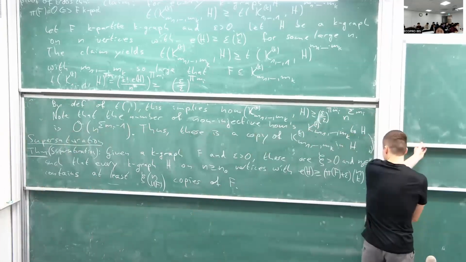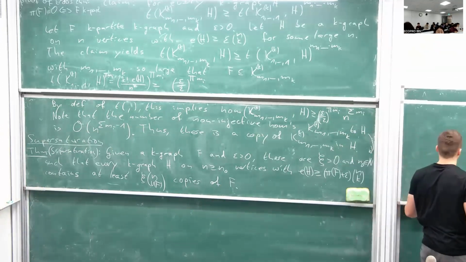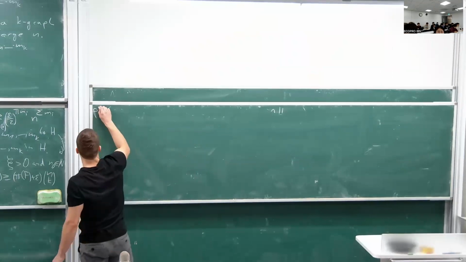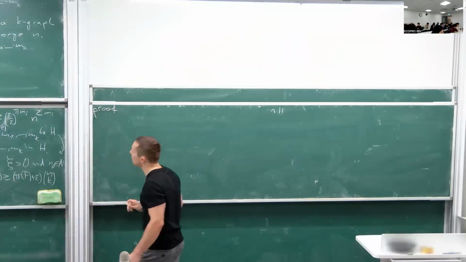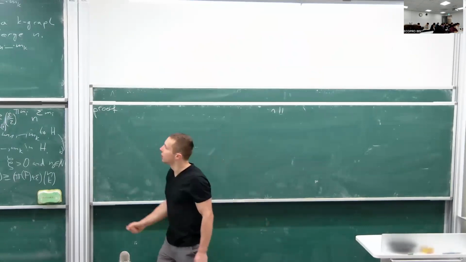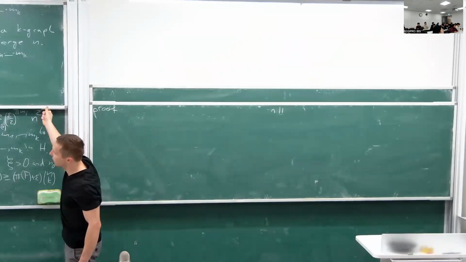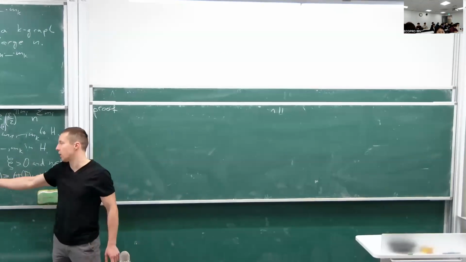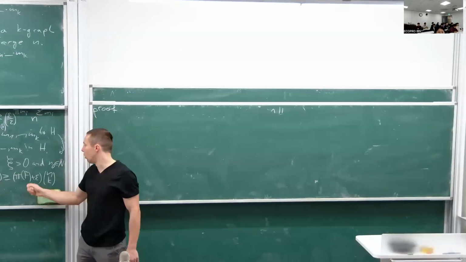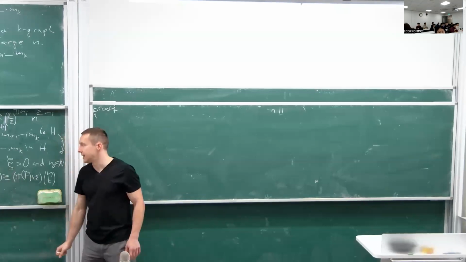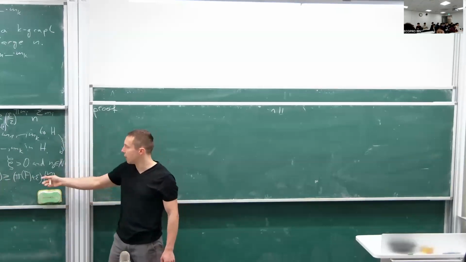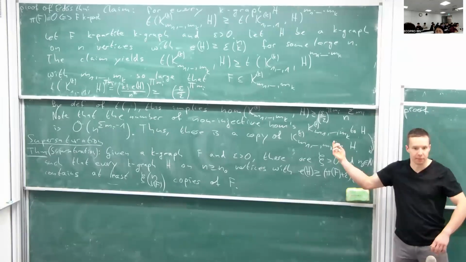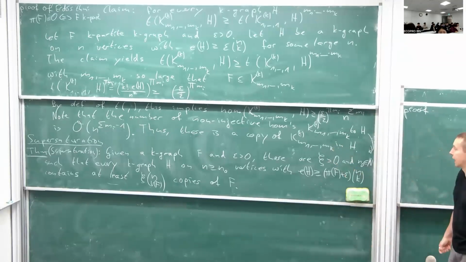So how do we prove this? Basically, the idea will be that we take some n0 so that we know that the extremal number of F on n0 vertices is below pi of F plus epsilon half times n0 choose k.